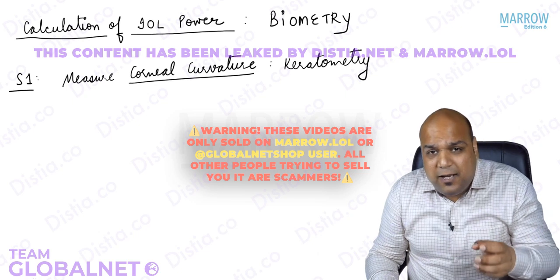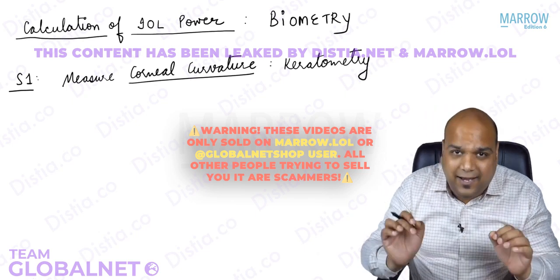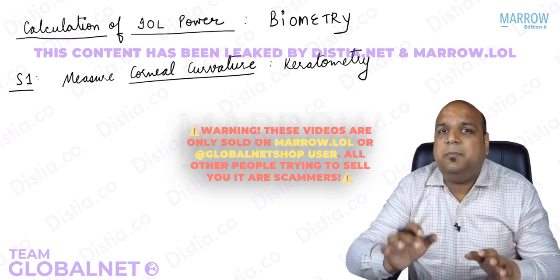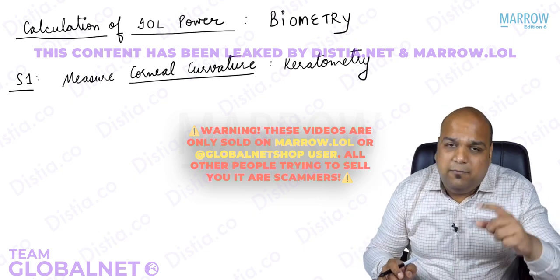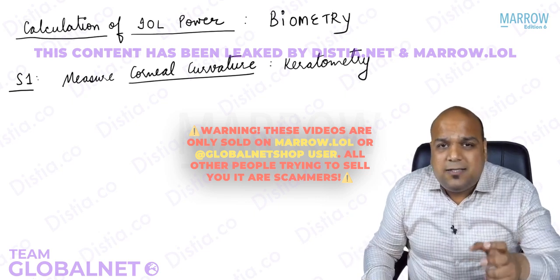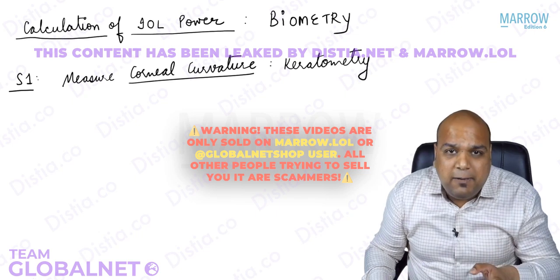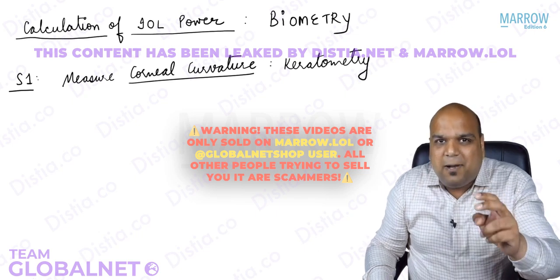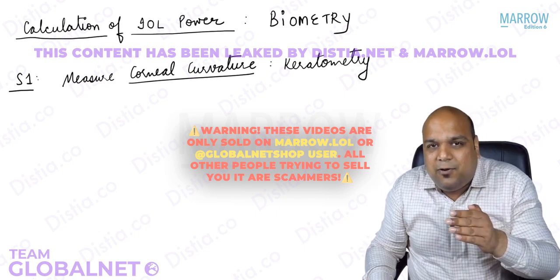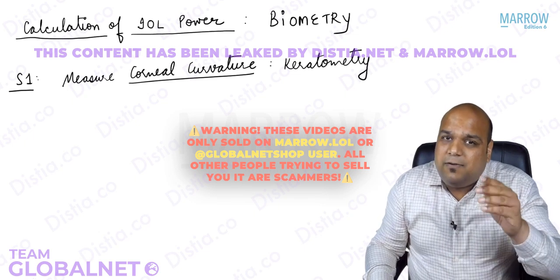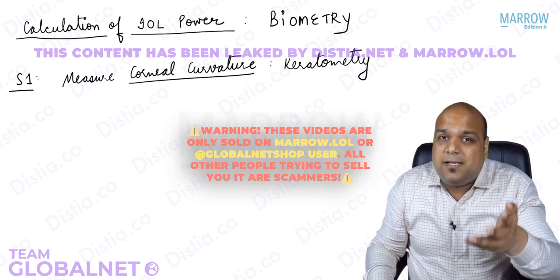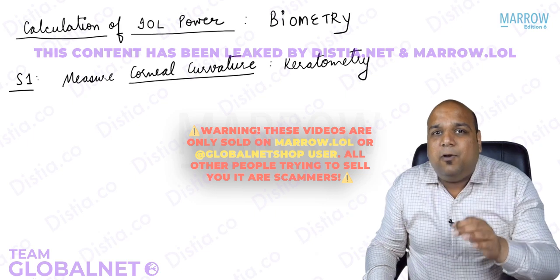When we are implanting an IOL, we are trying our best to make the patient emmetropic. That's what I tried to explain when we were talking about the types of IOL. Let us try to make the patient spectacle free. So we are trying to adjust for the power of the cornea in the power of the IOL. Let's say your corneal curvature is high. That means your power of the cornea is high. So the IOL implanted will be of a lesser power.